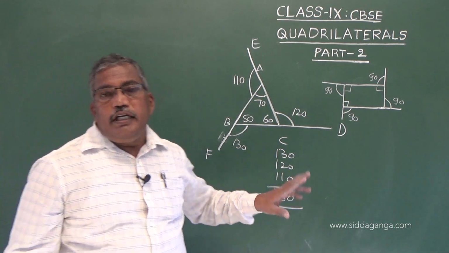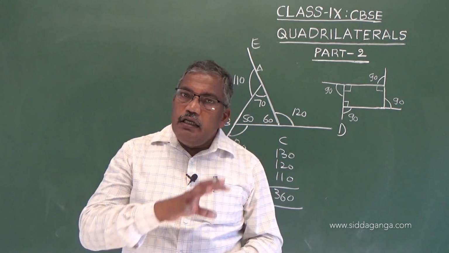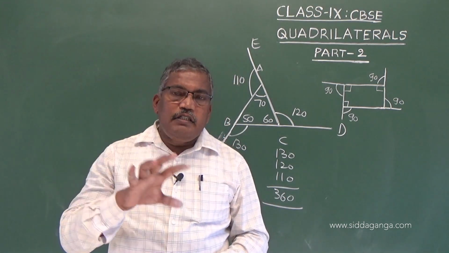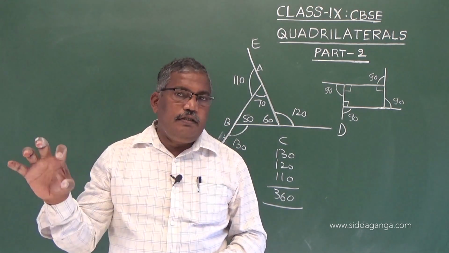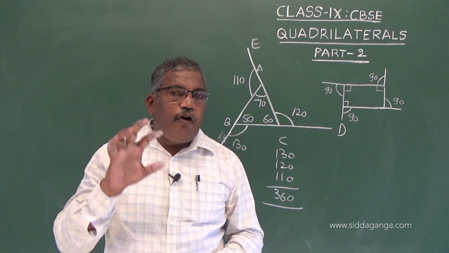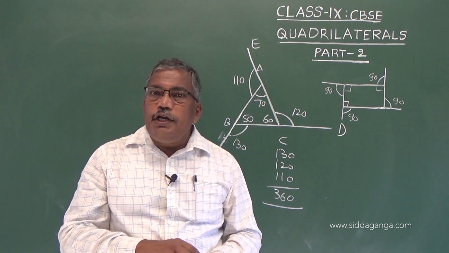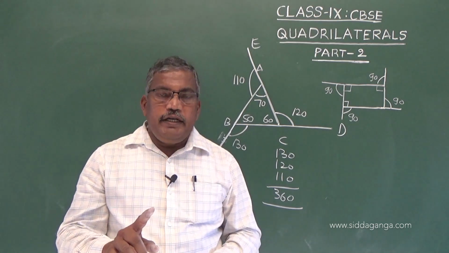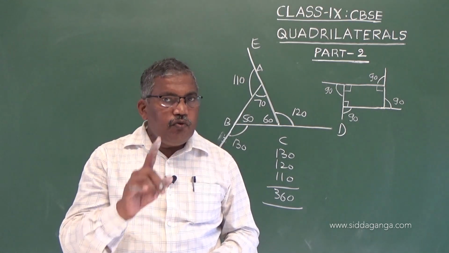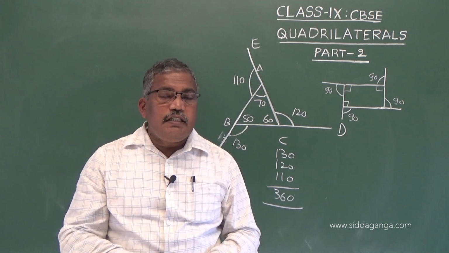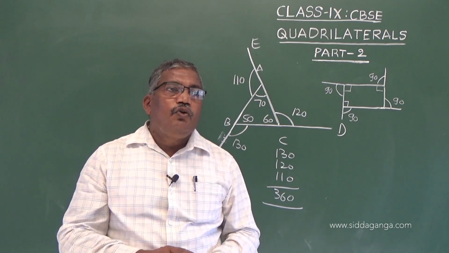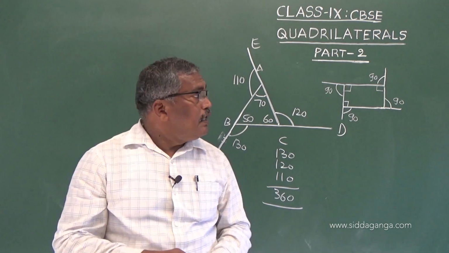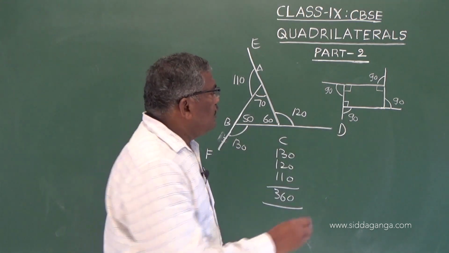Remember this. The interior angle total increases as the number of sides increases. The formula for interior angle total is (n minus 2) into 180 degrees, whereas the exterior angle total in all cases is 360 degrees only.